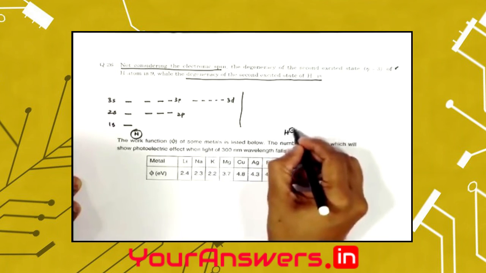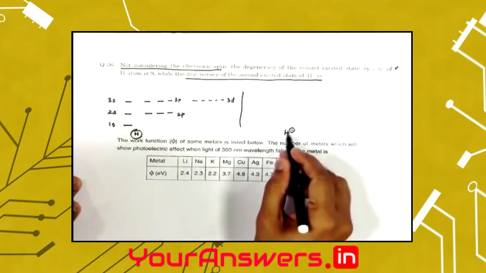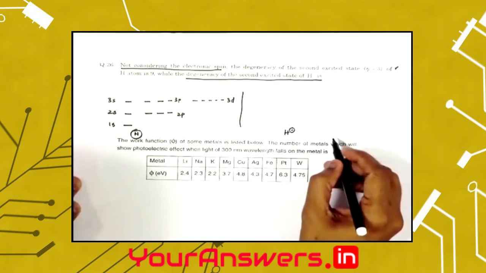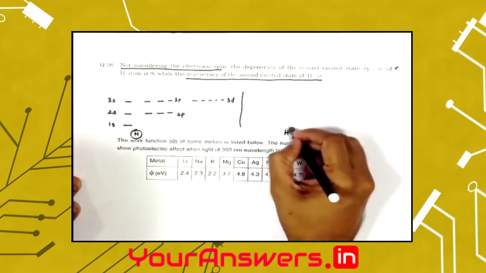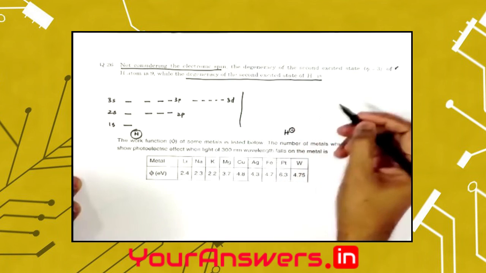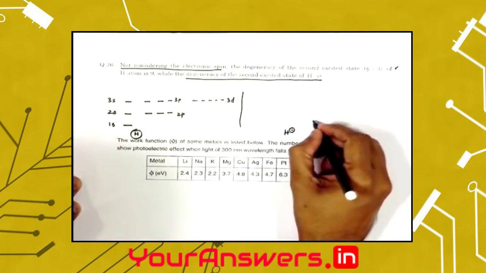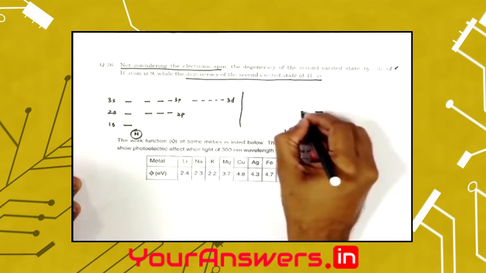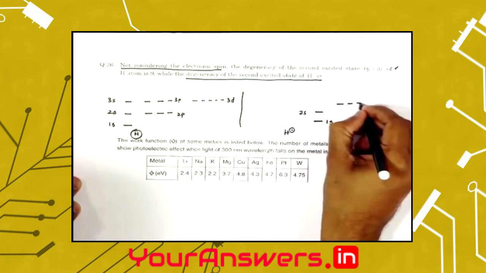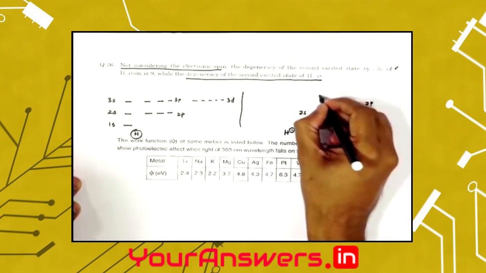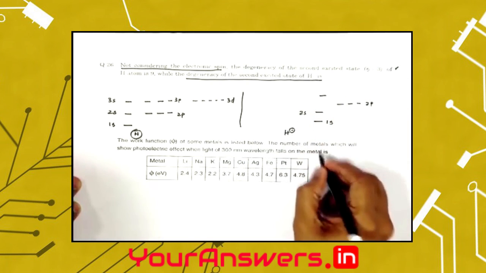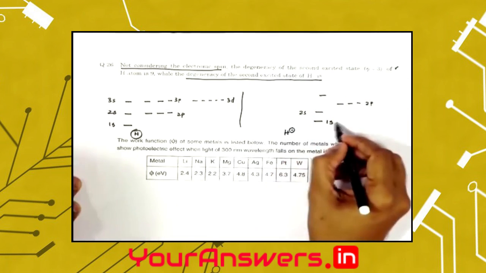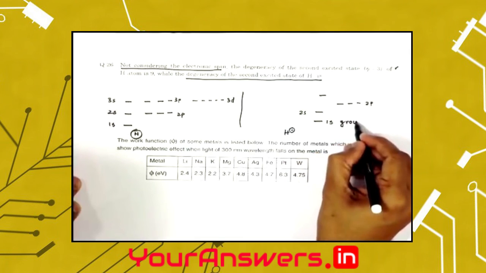H minus has got 2 electrons, right, and this is a multi-electronic species. For multi-electronic species, we know that the ordering depends on n plus L. So, we will write down 1s, then 2s, then comes 2p, then comes 3s, and so on and so forth. What is the ground state in H minus? This is the ground state.